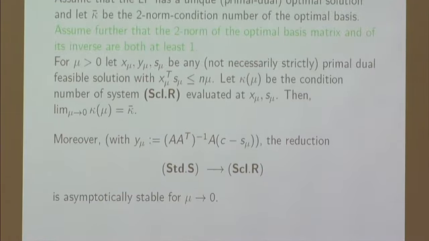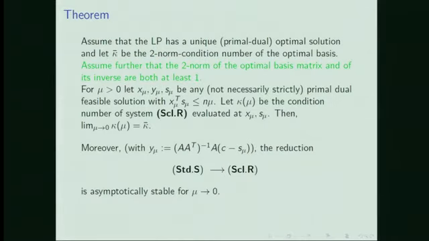If the linear program has a unique optimal solution and some technical assumption is satisfied, then the condition number of the standard system of the scaled reduction converges to the condition number of the optimal basis. And of course, that's the condition number of the problem, and you cannot expect to get any better than that. So this is actually telling us this scaling is the best possible.